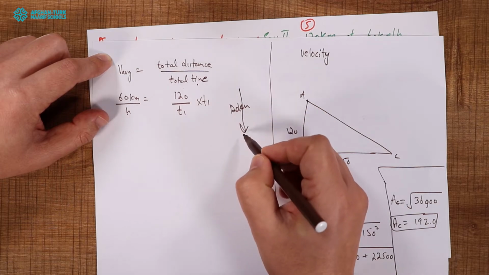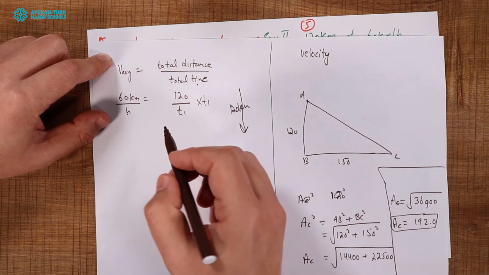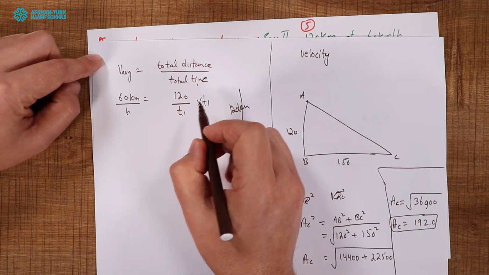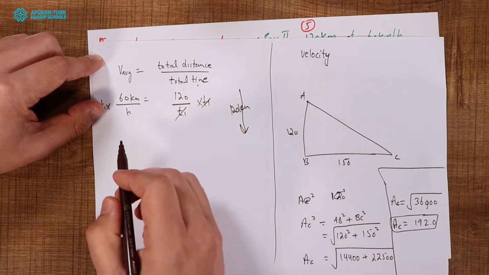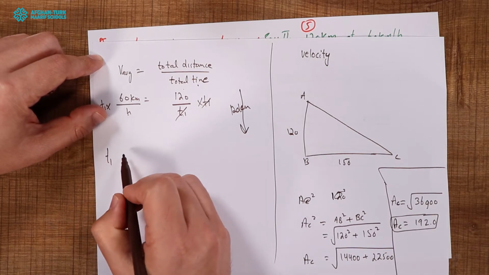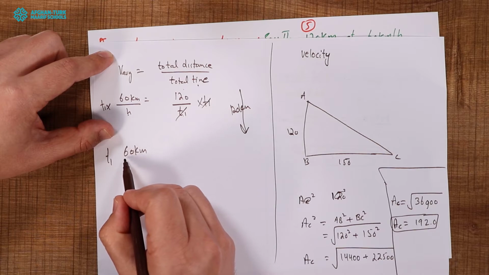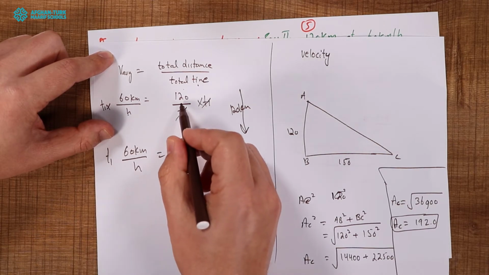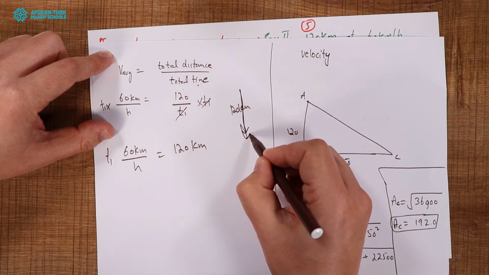Let's suppose towards south, I denote the time with t1, so multiply both sides by t1, so this will cancel. So now t1 times 60 kilometers per hour is equal to 120 kilometers, towards the south.